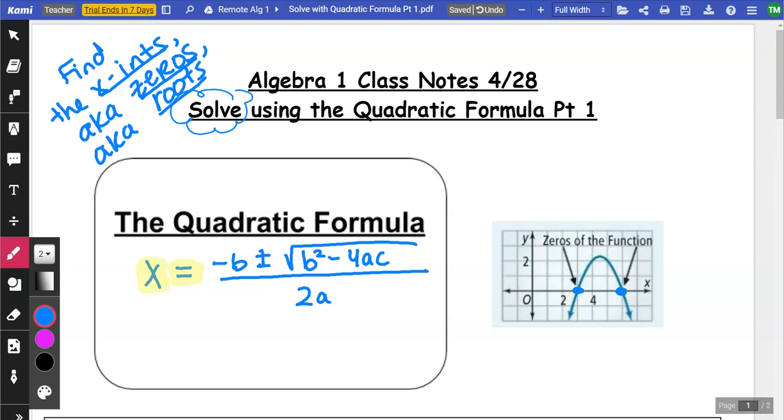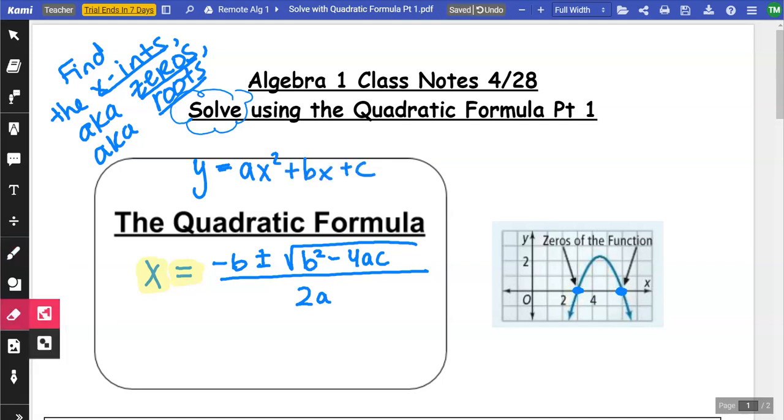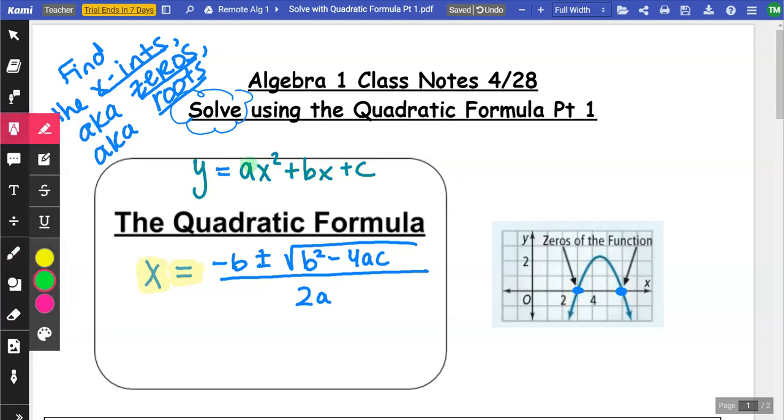So where do b, a, and c all come from? Well, you should recall that quadratic functions in standard form look like y equals ax squared plus bx plus c. So all you're doing is taking a, the coefficient of x squared, and plugging it into the formula here and here.